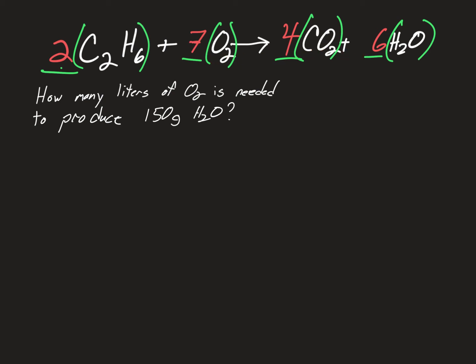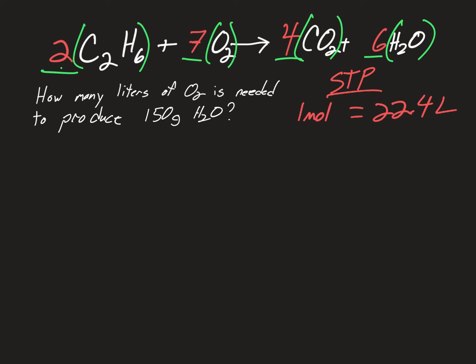If you've looked at the reference sheet, it states that at STP, which is just standard temperature and pressure, 1 mole of anything is equal to 22.4 liters of that substance. Okay, so that's another equivalency we can use.